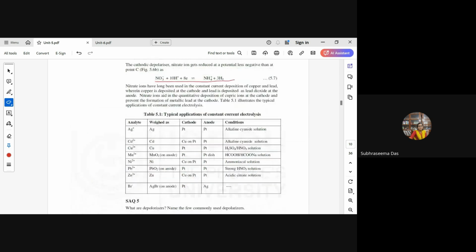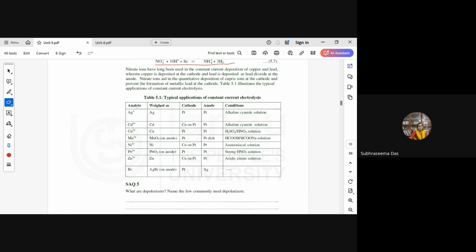Nitrate ions have been used for a very long time in constant current deposition of copper and lead, where copper is deposited at the cathode and lead is obtained at the anode as lead dioxide. The nitrate ions aid in the quantitative deposition, and table 5.1 shows typical applications of constant current electrolysis. From table 5.1, when the analyte is Ag+, with platinum cathode and anode, and the conditions are an alkaline cyanide solution, the deposit made is silver.